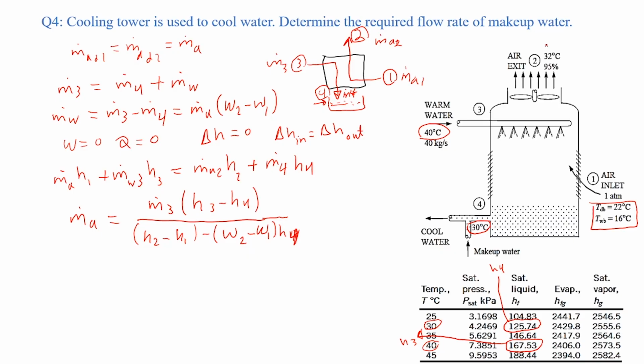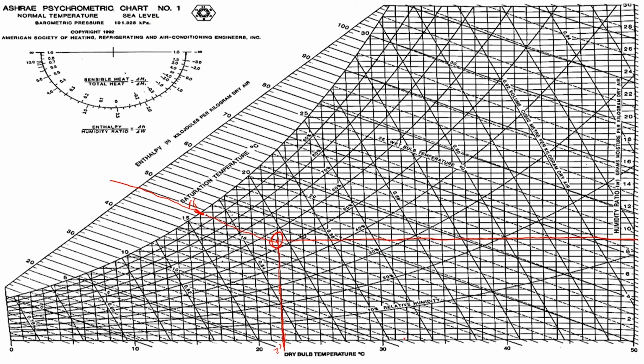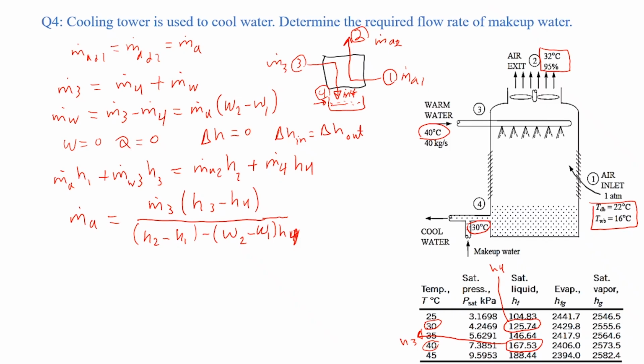The exit condition for air is 32 with relative humidity of 95%. So this is the line 32. We go to cross with the relative humidity line. So we collect the data for omega and H. So from the psychrometric chart, H1 equals 44.7 kilojoule per kilogram dry air.